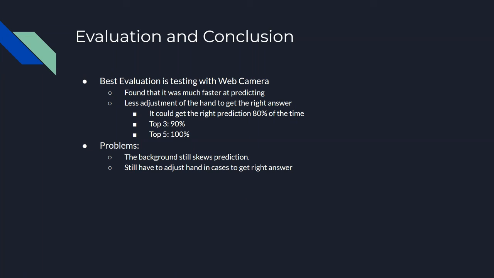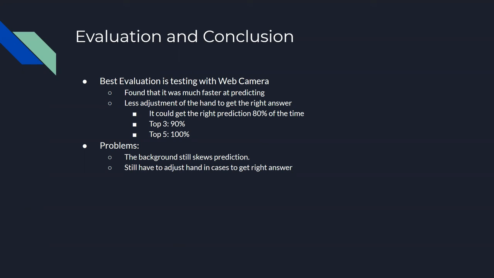After doing about 5 different models, we came to one that had just the right amount of prediction. About 80% of the time it would come to the right answer, and about 90% of the time the right answer would be in the top three choices. And almost all the time in the top five. I say 100% because I don't remember once seeing it not be in the top five.